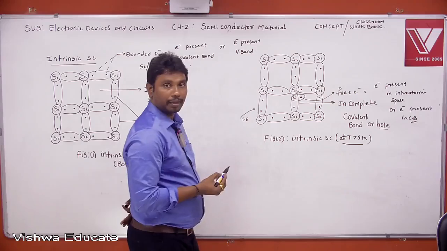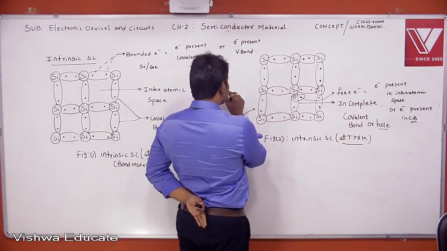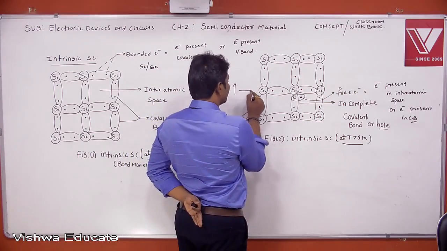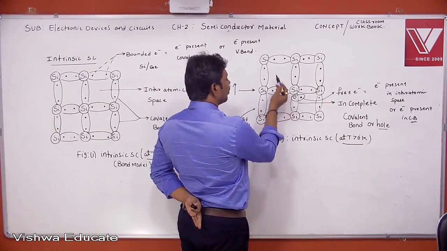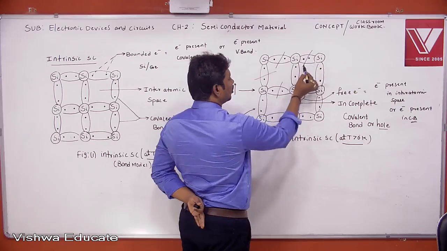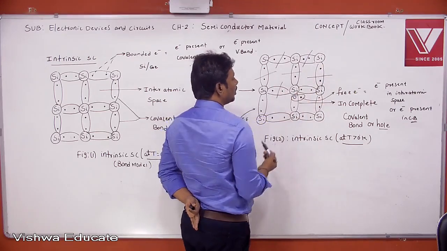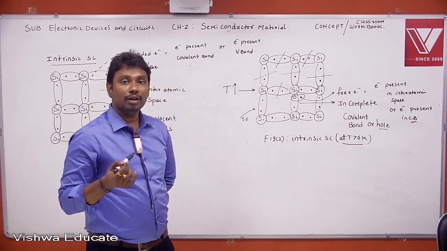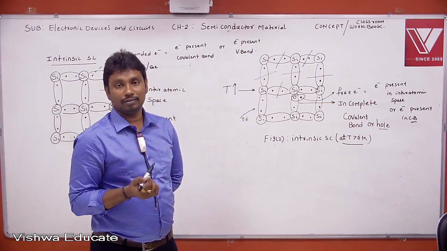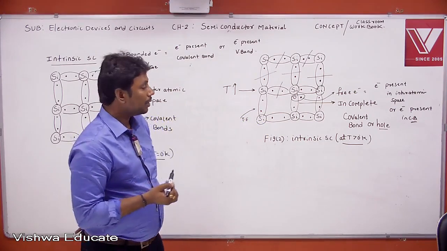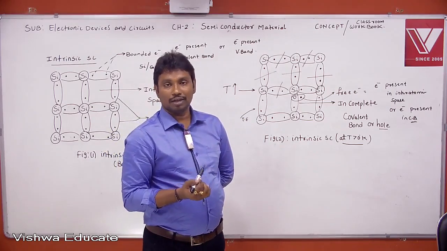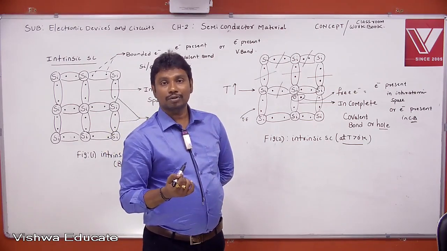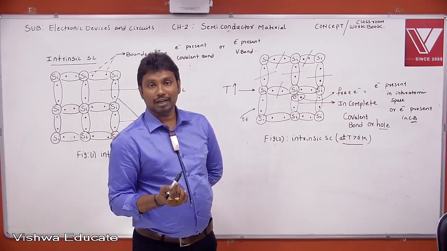Now, when the temperature is increased more, what happens? More covalent bonds can break and produce more electron-hole pairs. But these electron-hole pairs have a random motion due to thermal energy. Due to this random motion, what will be the net current?